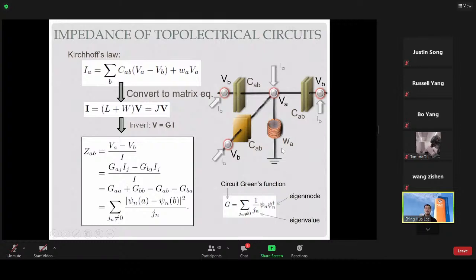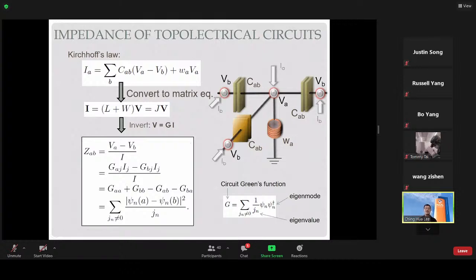So we can easily put this into a matrix equation, right? I equals JV, J is called the admittance matrix. And if you were to invert this, we get G equals the inverse of J. So G is called a circuit Green's function.